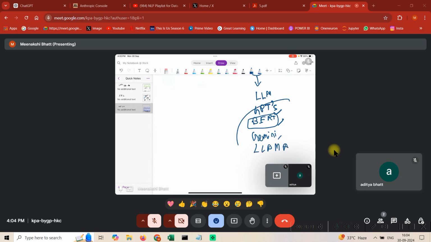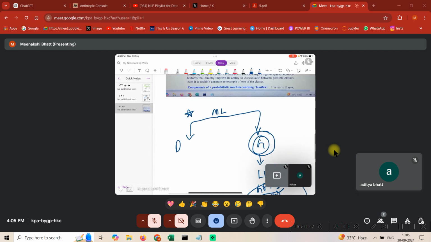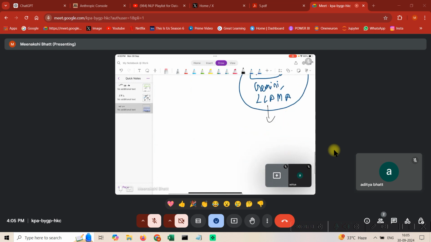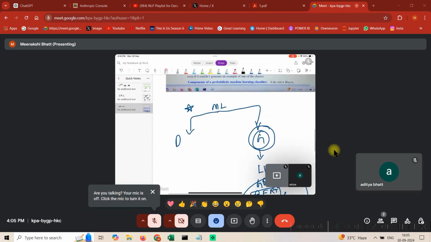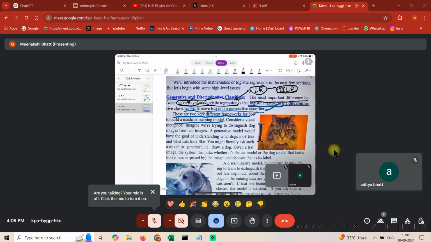All these are generative models. Obviously, one could argue that these are generative models since they have the ability to generate new content, which is true. This definition is correct, but let's try to understand what they are trying to say.